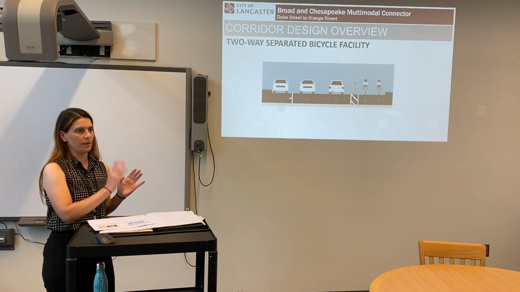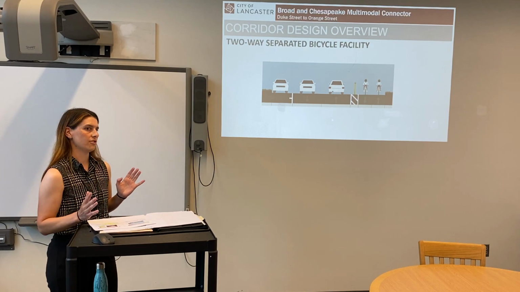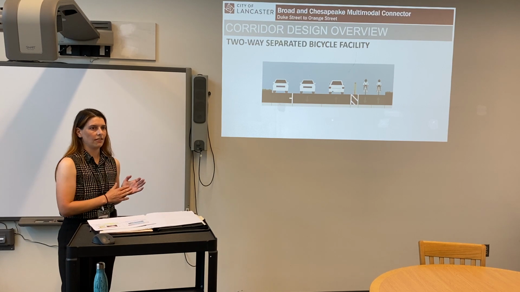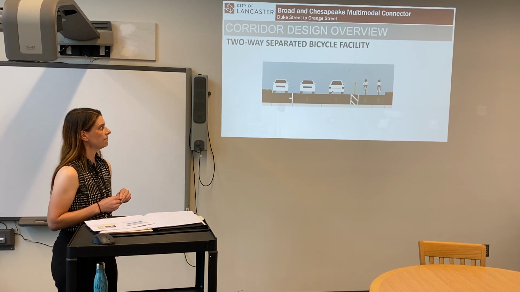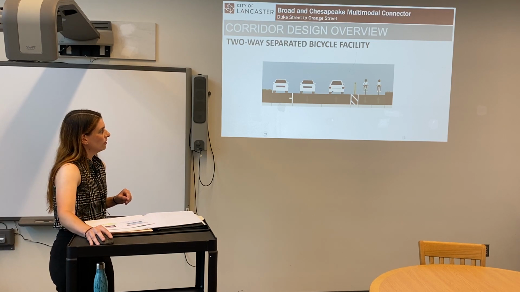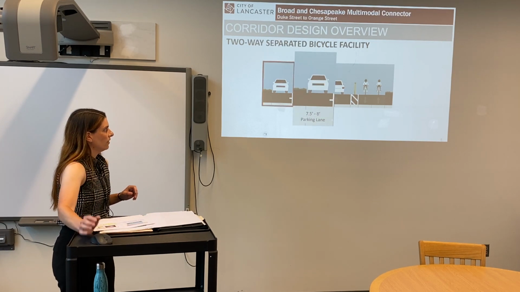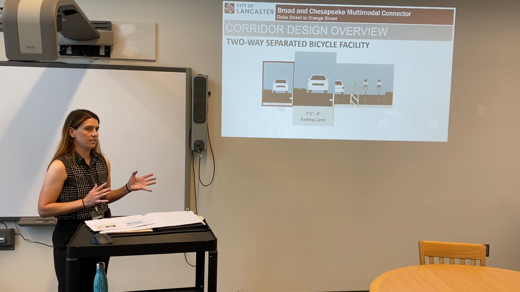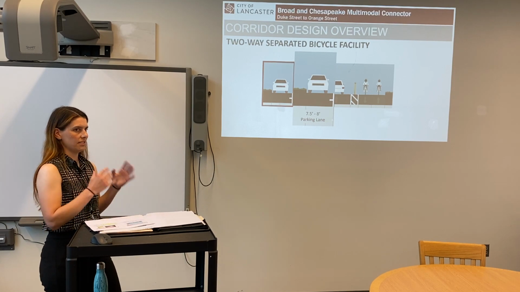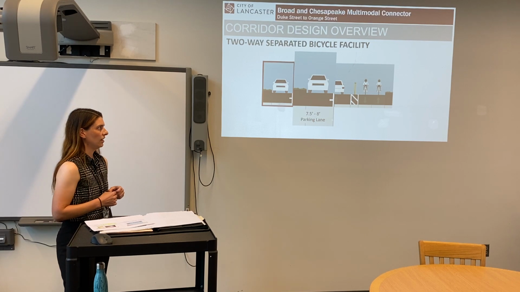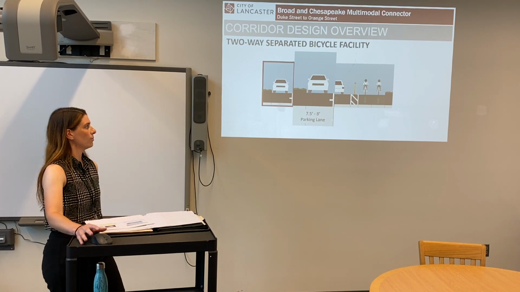And then the bicycle facility will be on the east side of the street from Almanac Avenue to King Street. In some cases, there's parking lanes in the typical section, in the sections of the corridor where there's parking, and I'll explain that at each section as well.